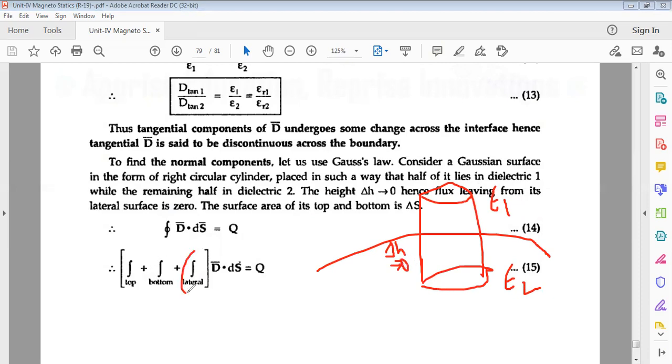The lateral integral becomes 0. The surface area of the top and the bottom is delta S. So the integral D bar dot ds bar is equal to Q.